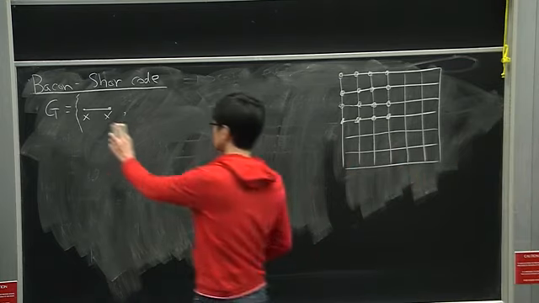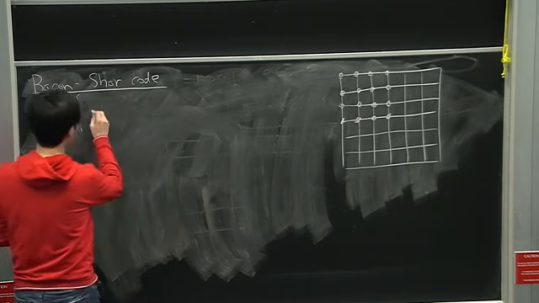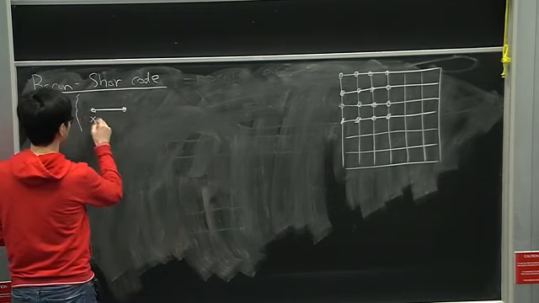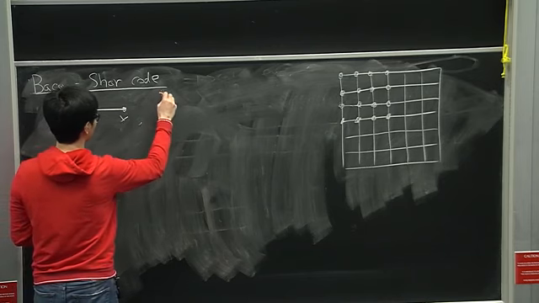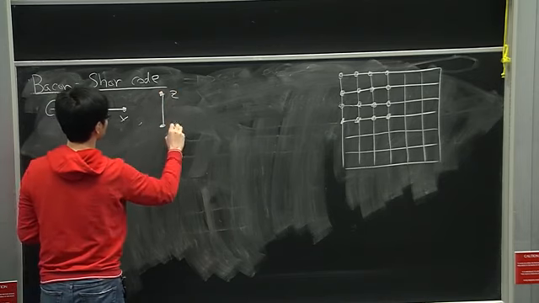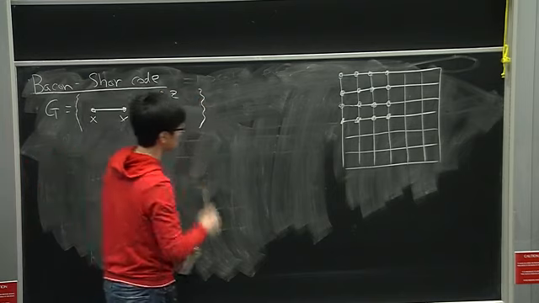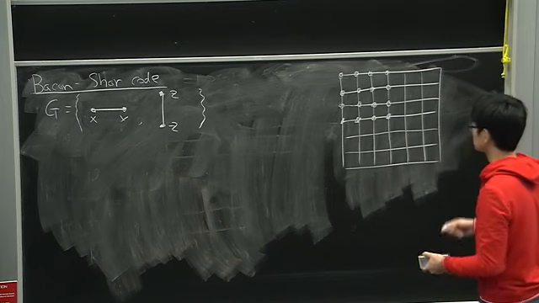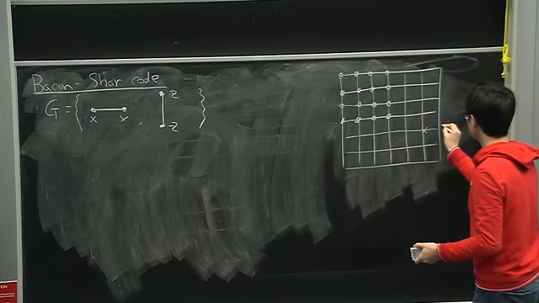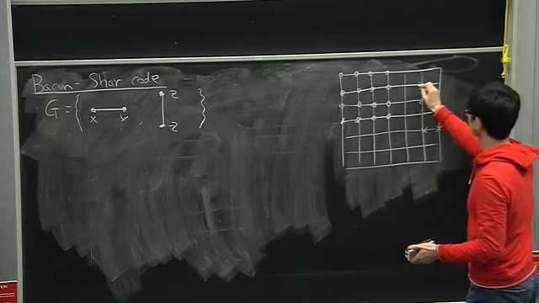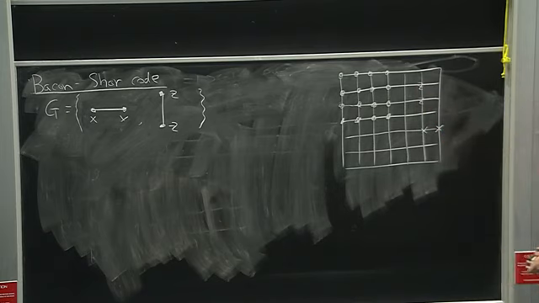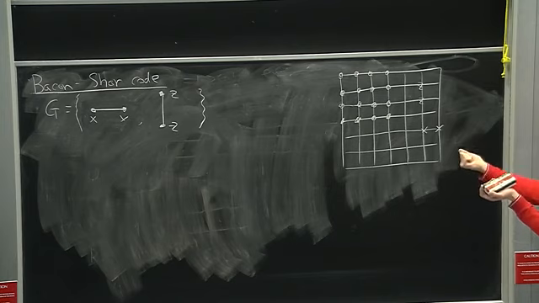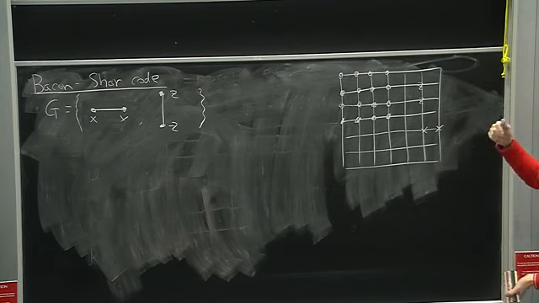And gauge group is generated by a bunch of two-body Pauli operators. Okay. So it looks like XX and ZZ. Now here it's very important that XX only acts on horizontal edges and ZZ acts on vertical edges.